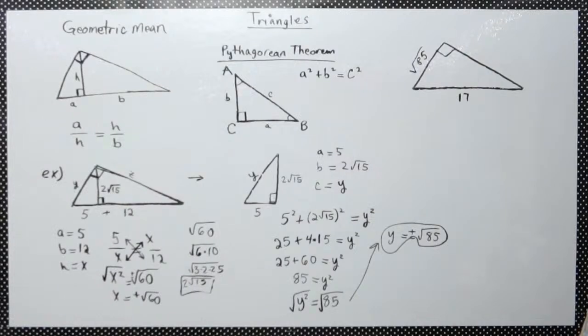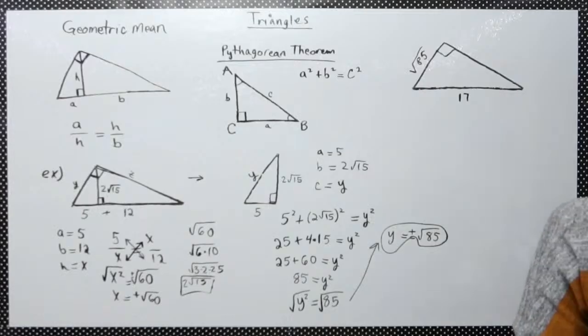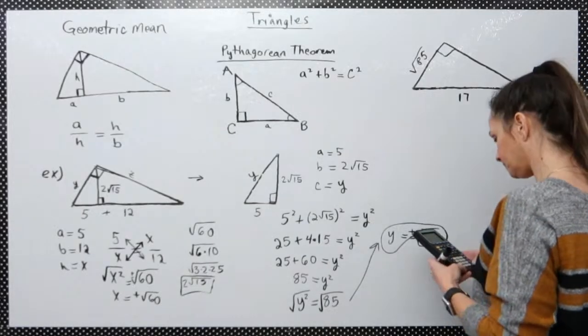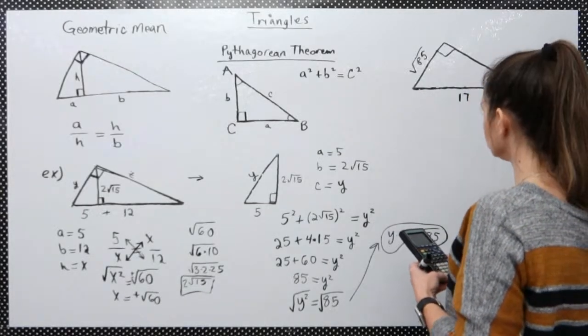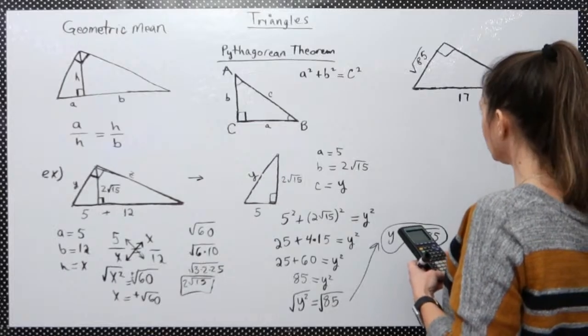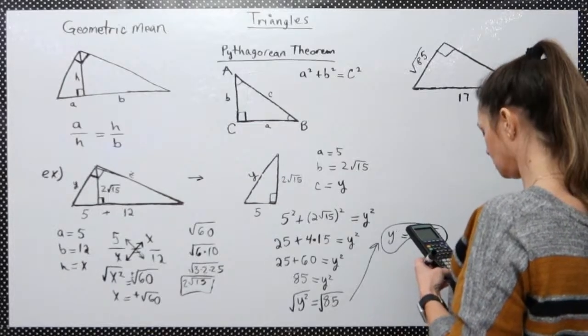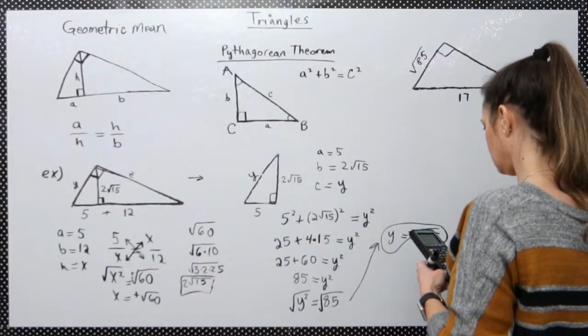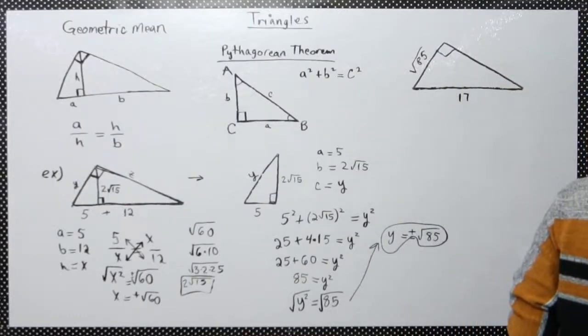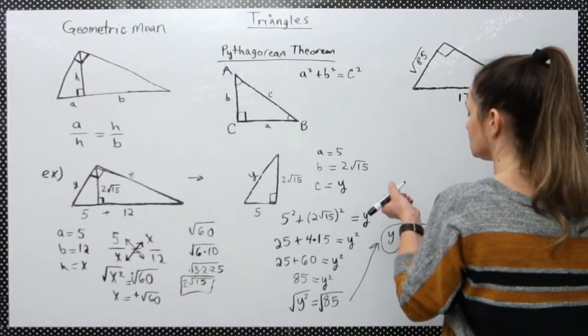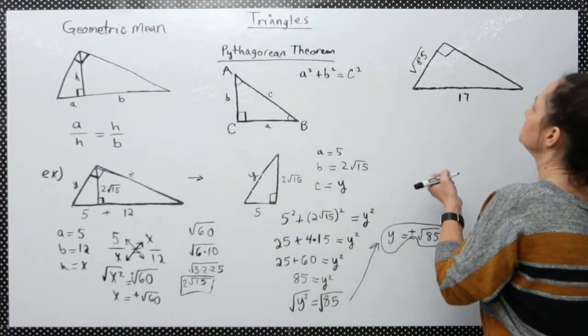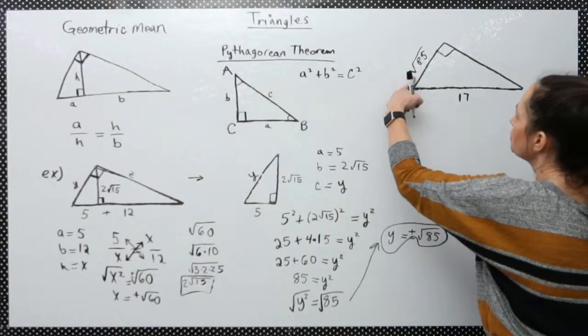I wonder. Yeah, I guess. Hang on. Square root of 85. Okay, so if I squared it, or let's just try it, see what happens. All right, so we have the square root of 85.